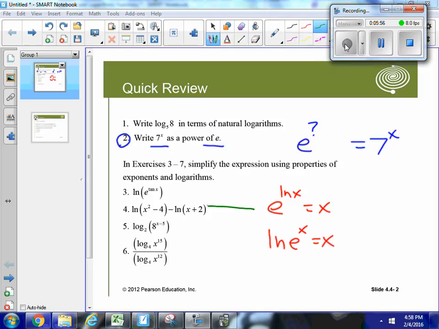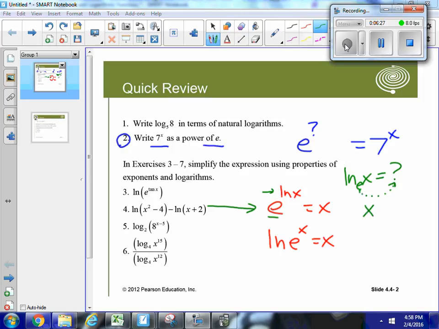In this version of the inverse here, I'm going to take it apart a little bit. So I have e, but it has this exponent on it of a logarithm. Now I know that by itself a logarithm is an exponent. So ln, I'm going to put in the base e of x, is equal to something. I'm not sure what. Well, I'm going to take my e and pull it over to the other side here.